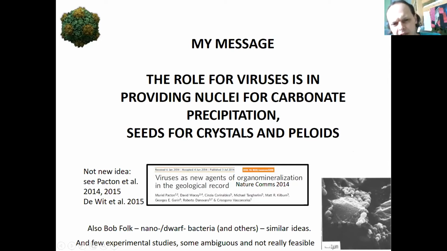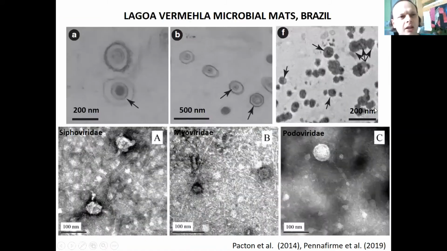Look at their shape, their size. We will also show some more similar pictures from microbial mats. This is a study from microbial mats in Brazil, two different independent studies, and here you have various viruses shown.